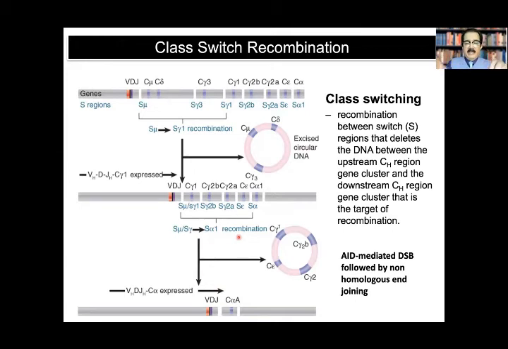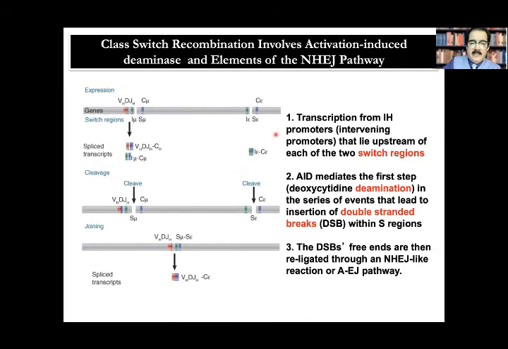So you have an AID-mediated double-stranded break, and then end joining brings these two pieces together, and the intervening piece gets thrown out. This is the same slide as before. You have VDJ, C mu, and C epsilon, and AID cuts, and then you glue it together, and now you have a VDJ C epsilon. You made an IgE antibody.